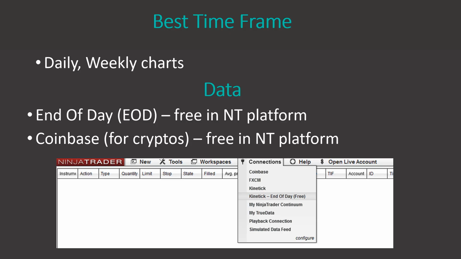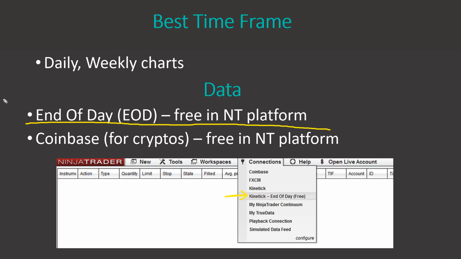Now, regarding the data you're going to need if you want to do this. Very good news is that you don't need to pay for any data, because NinjaTrader has an end-of-day data feed, free in the NinjaTrader platform. It is in here. You just connect to it and it will have almost all the instruments you will need.